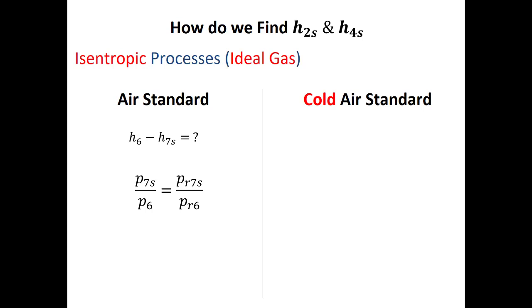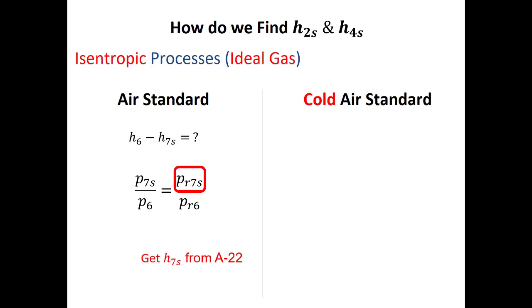Here, I would have found PR6 when I fixed state 6, given that maximum temperature. So now I can find PR7 from this equation and interpolate backwards to find H7S and T7S. I get that information again from table A22.